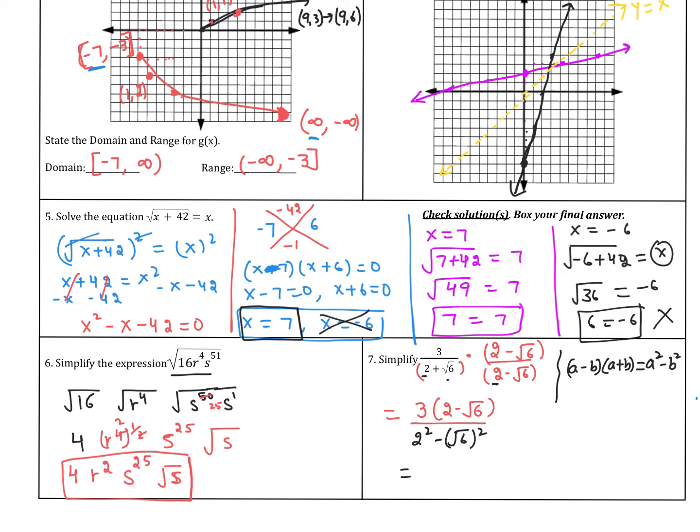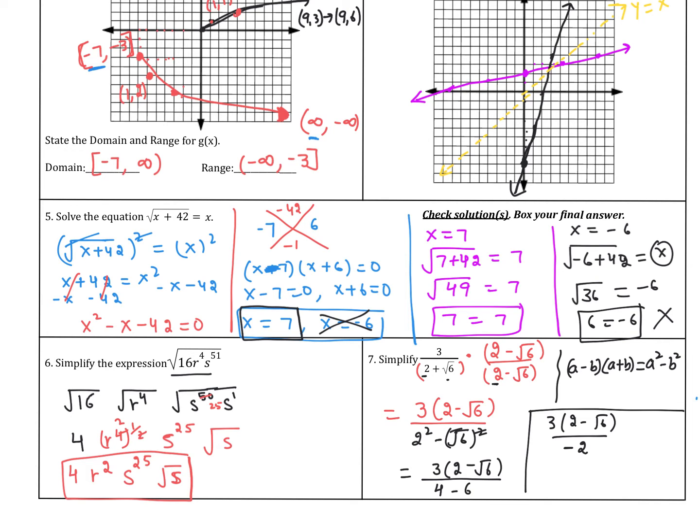So what you got here is 3 times 2 minus square root 6 divided by 4 minus 6. And you got 3 times 2 minus square root 6 divided by minus 2.